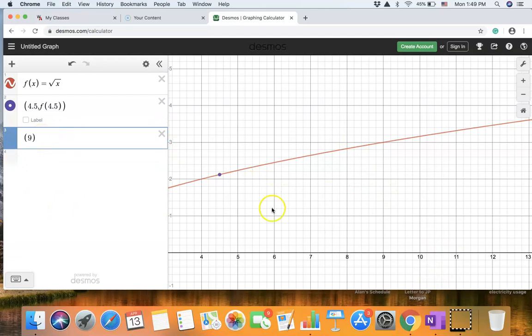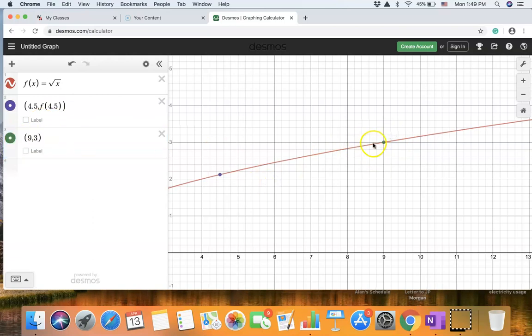When x equals 9, f of 9 is 3, right? Now this time I will draw a tangent line at this point, (9, 3).